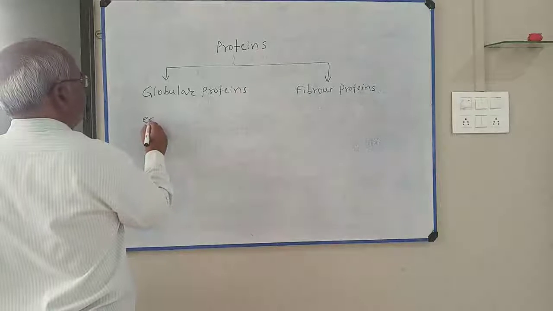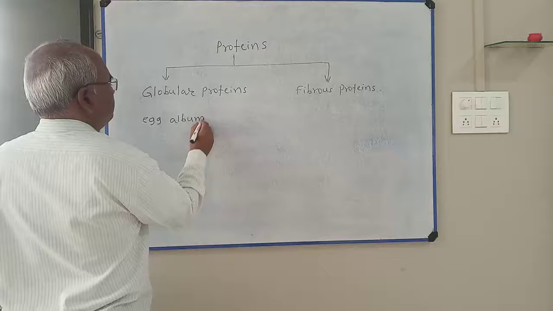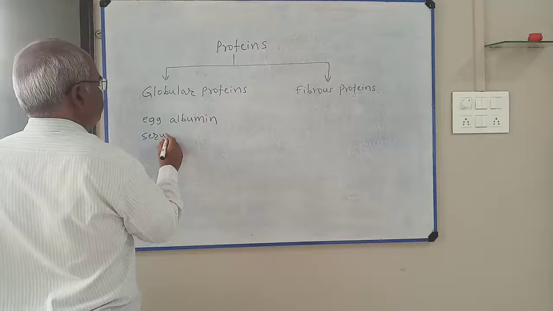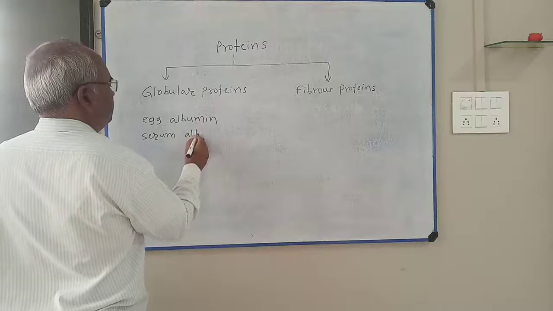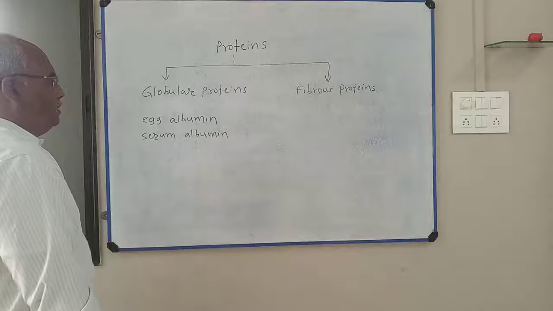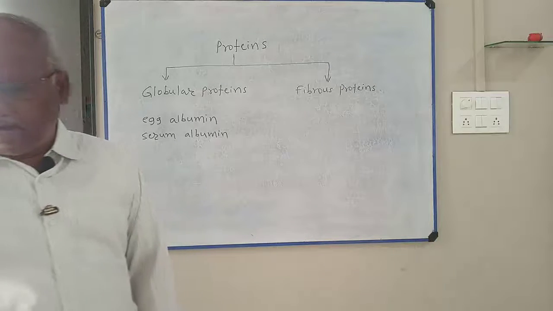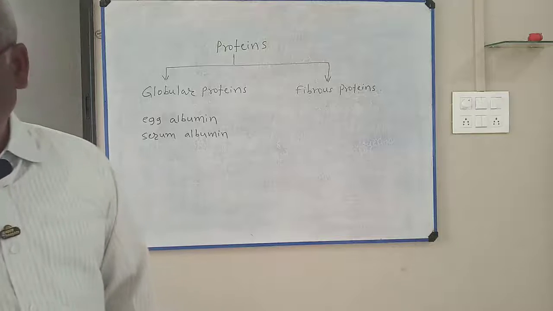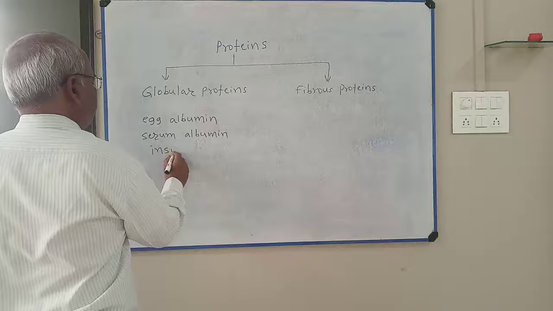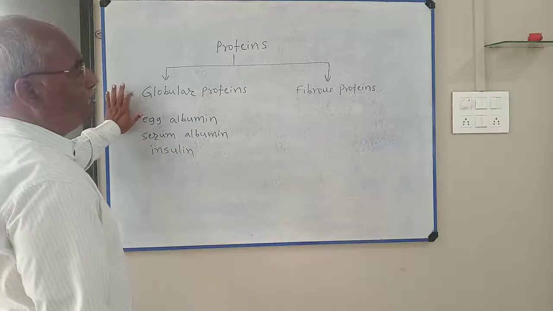Their examples are egg albumin, serum albumin, globulin and insulin, which are the examples of globular proteins.